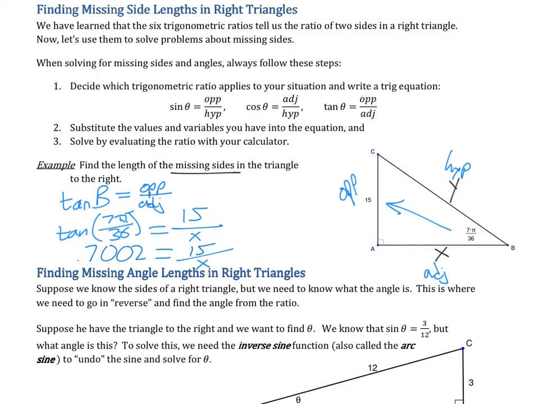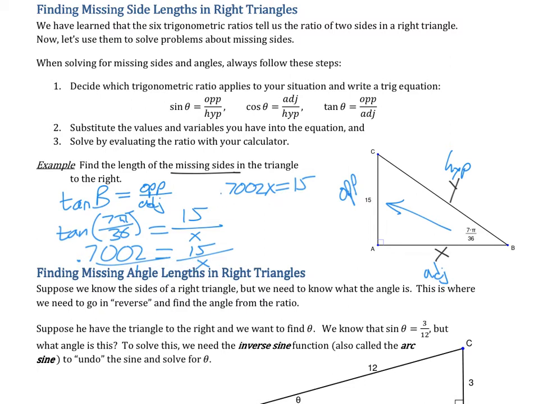Now we need to solve for x. To solve for x, we've got to get it out of the denominator, so we can think of this as over 1 and cross multiply. When we cross multiply, we get 0.7002 times x equals 15 times 1, or basically we just multiply both sides by x.